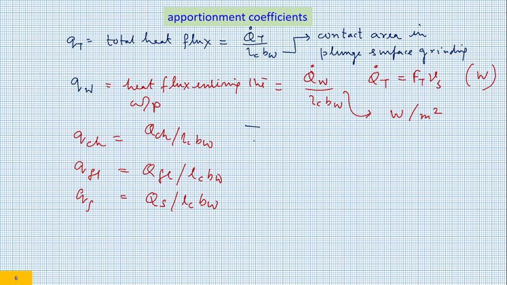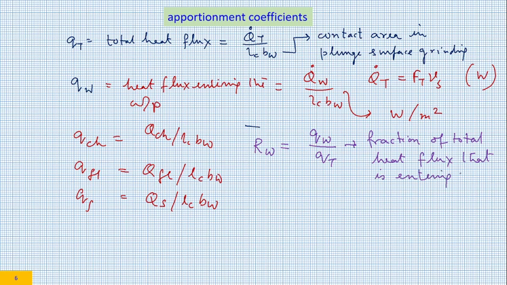Now the apportionment coefficient, let us write an apportionment coefficient RW. This is expressed as QW by QT. What is the physical meaning of that? The fraction of total heat flux that is entering the workpiece.